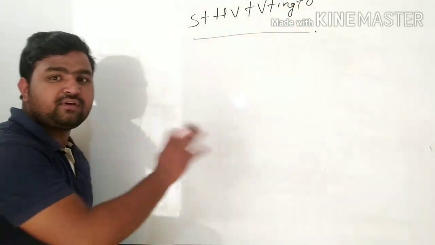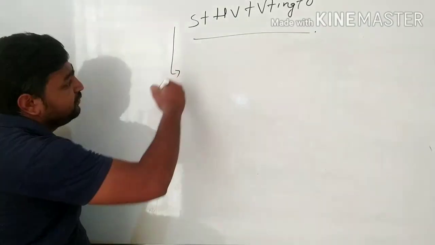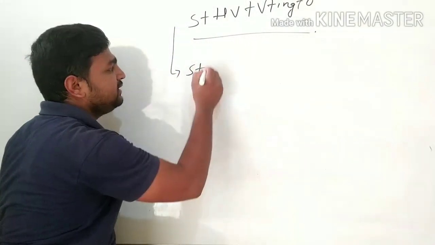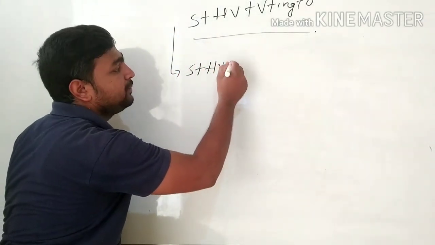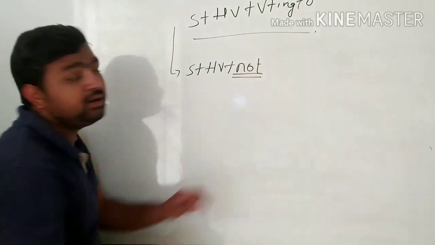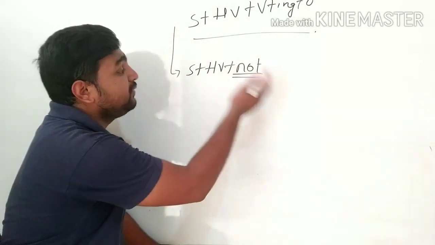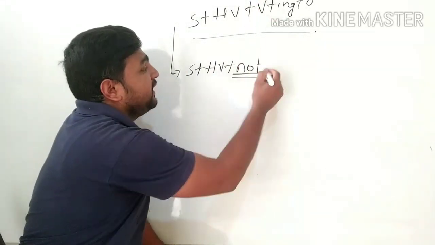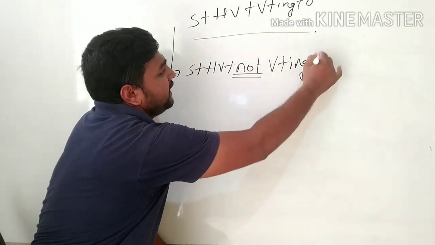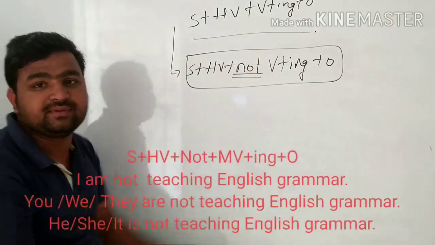This is for an affirmative sentence. How can we change it into negative sense? That is subject, helping verb plus not. The word not is used to show the negative sense. Helping verb plus not, then main verb, then ing form, then object, right? This is the form of negative sense.